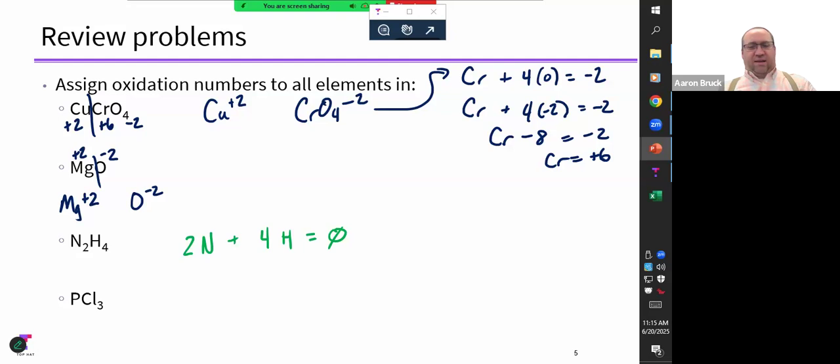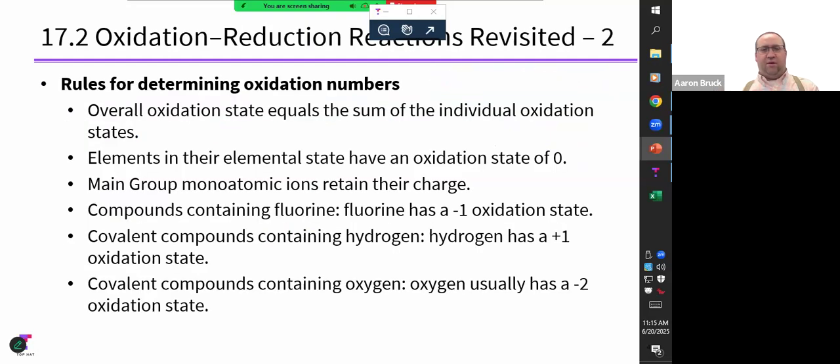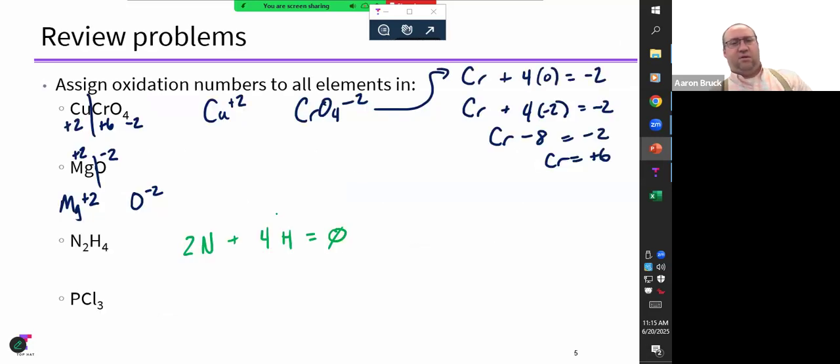Here's where that second guideline would come up. Hydrogen is +1 in covalent compounds. So hydrogen's +1, so I can rewrite this. 2 nitrogen plus 4 times +1 is 0. 2 nitrogen plus 4 is 0.